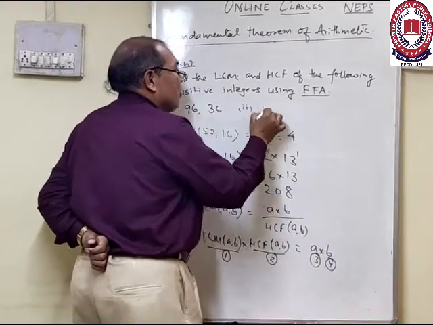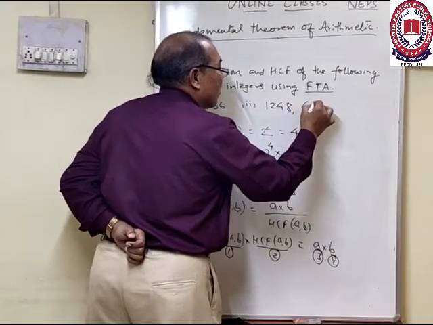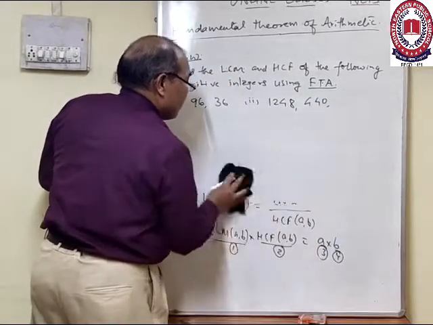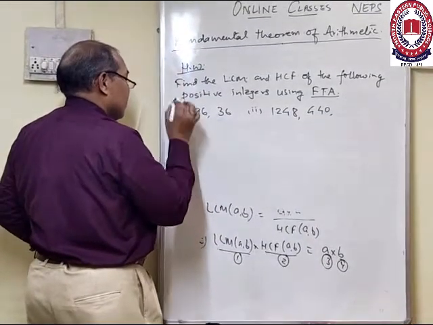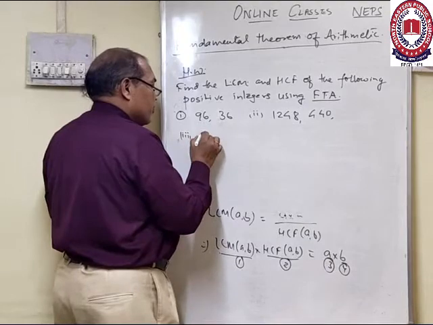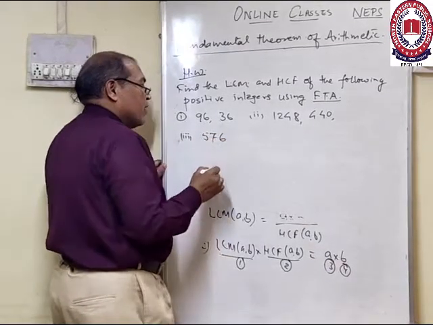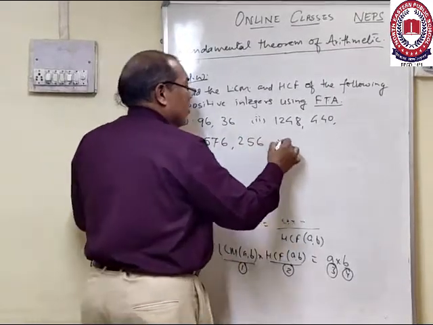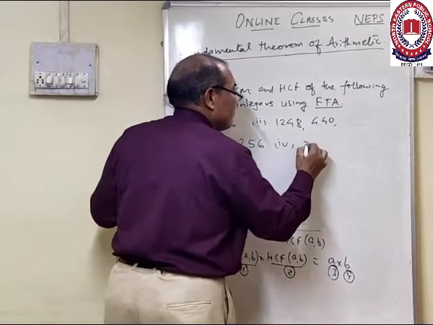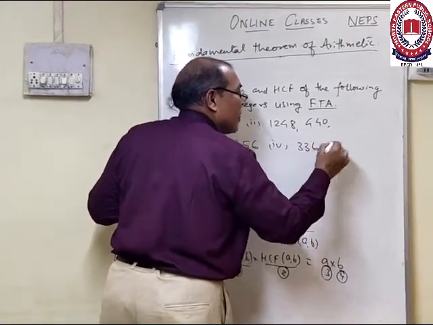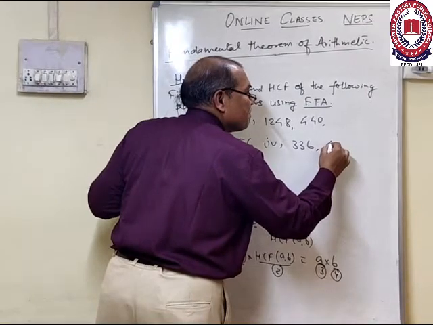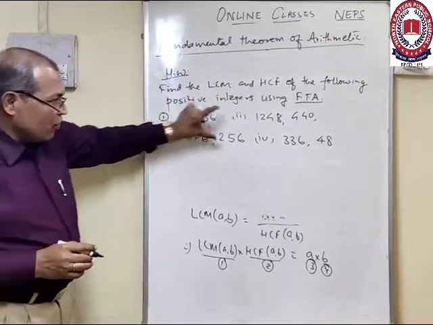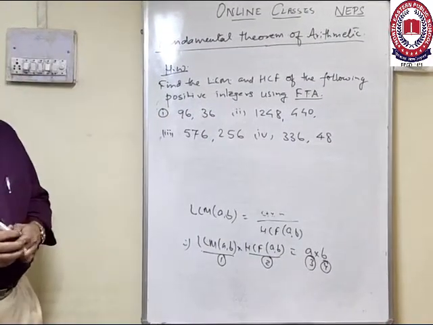Second, 1248 and 440. Third, 576 and 256. Fourth, 336 and 48. You have to work out these 4 examples to find their LCM and HCF.